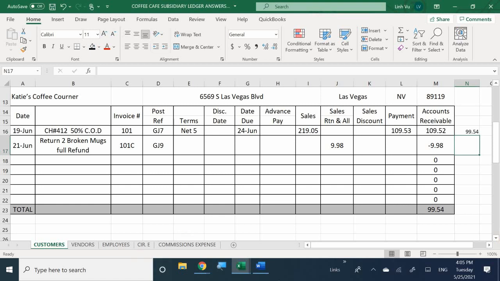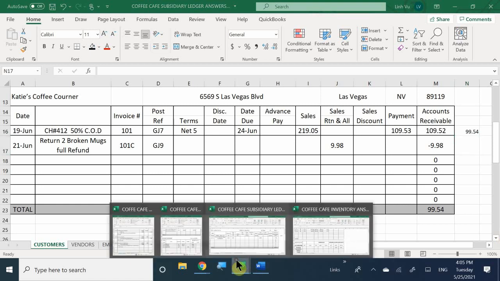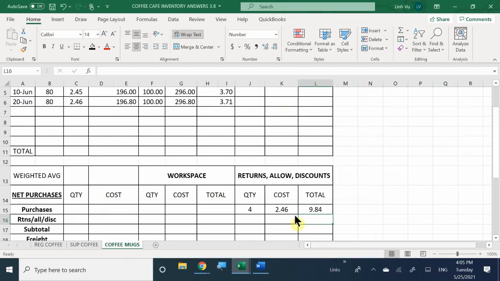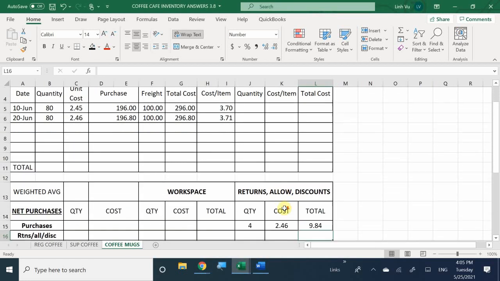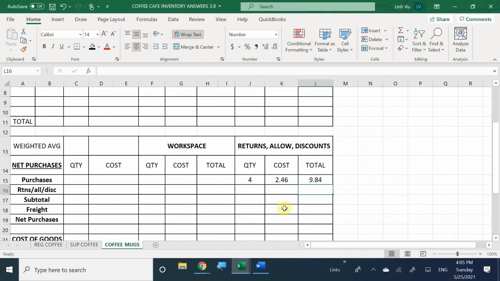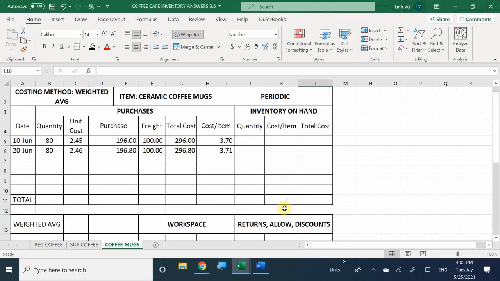All right. So let's take a look at this one more time. Here, Katie returned 2 broken coffee mugs to us. In this case, when we look at our periodic inventory, do we care about sales?